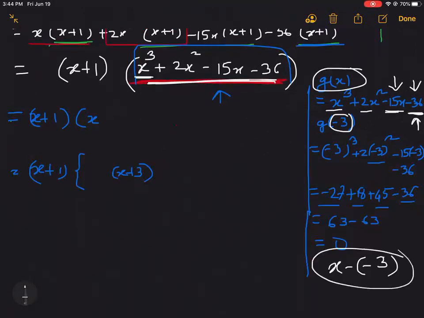Do you mean that you just look for any number that, if you replace x with it, you get a 0? Sorry, I can't hear you. Can you repeat it? Okay, I mean, do you mean that you just look for a number whereby you can plug in a place of x and sum up and you get a 0?